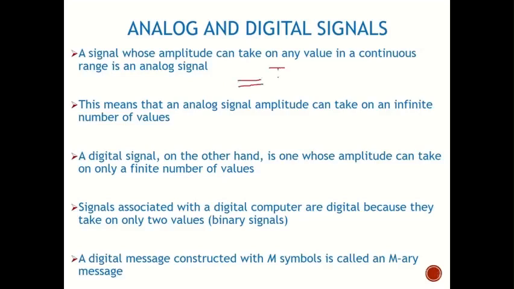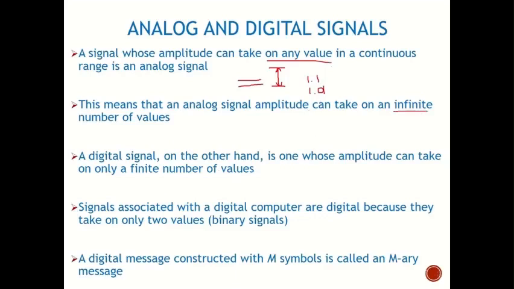Between any two points, an analog signal can take any value, infinite values. So we can have 1.1 as a value, we can have 1.01, 1.001. This is what we mean when we say that an analog signal can take on any value. In other words, infinite values between any two points.